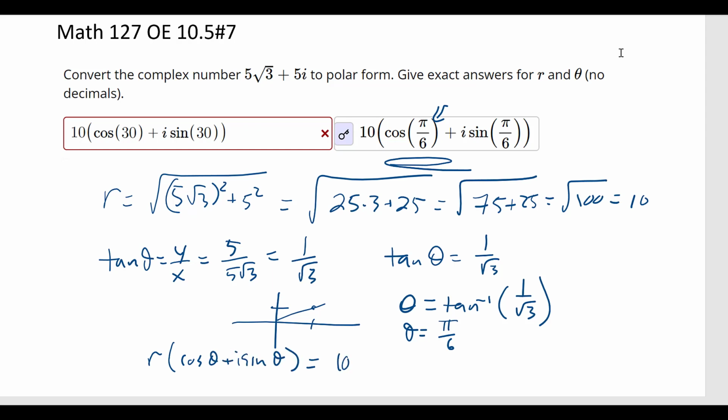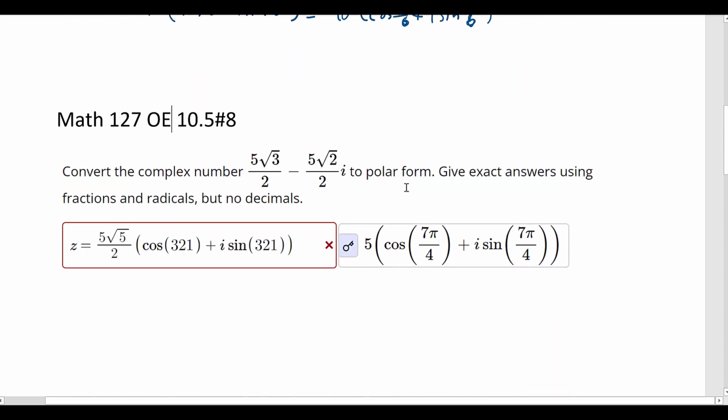So it's going to be 10 times cosine of pi over 6 plus i sine of pi over 6. To be fair to this student, it didn't say that it needed to be in radian mode and not degree mode. And I've seen it represented in degree mode, especially when we do some calculations like trying to add or subtract them. Okay, and I'm going to go ahead and do the next one as well.